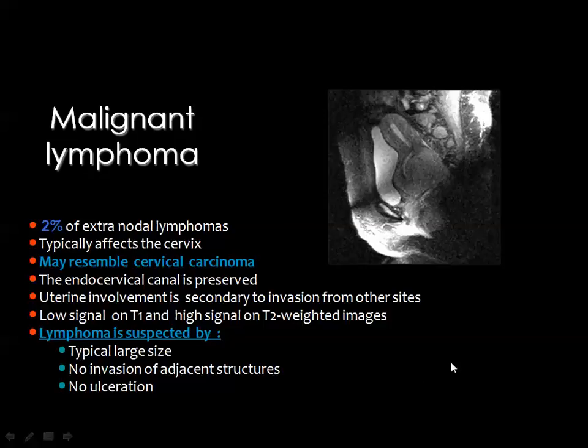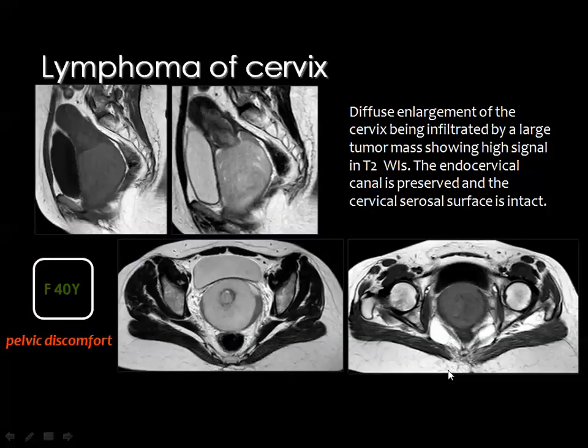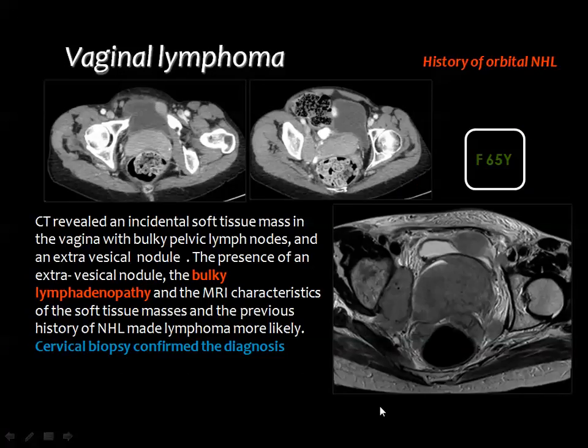Lymphoma may be mistaken for cervical cancer, which is of course much more common than lymphoma. But if you use the suggested criteria of a bulky mass infiltrating the cervix, homogeneously enhanced, with no tendency to invade the bladder or the rectum, for example, then you may think of lymphoma of the cervix.